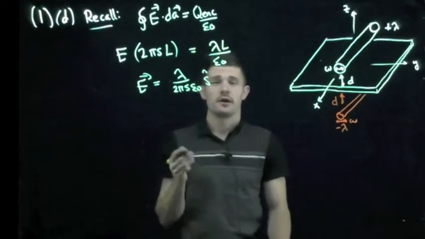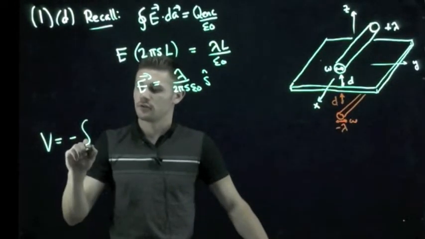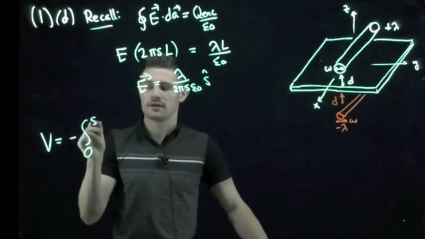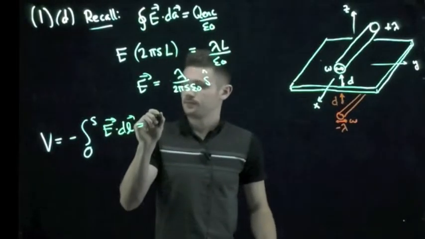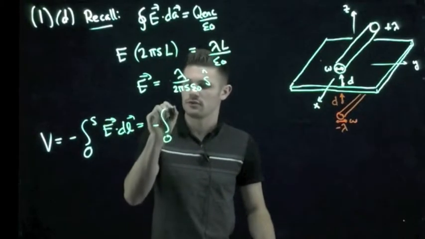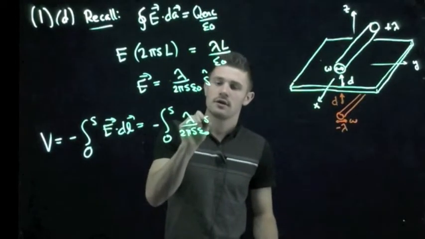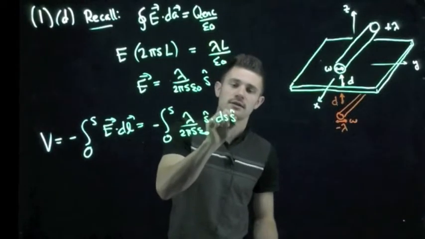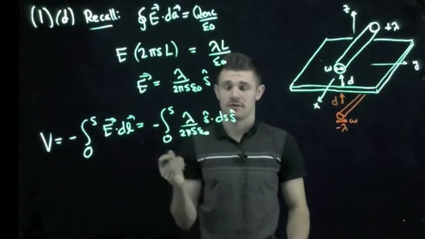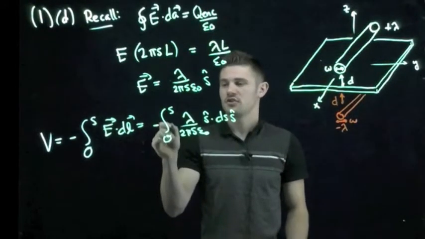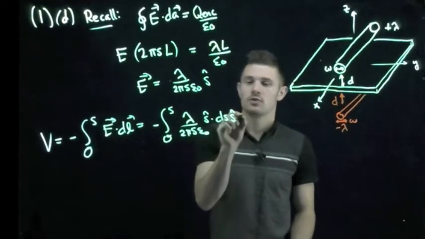So that's the electric field from a line of charge. Now the potential is given as the negative integral from the origin to our point of interest of E dotted with dl, which in this case is going to be the integral from the origin to the s of lambda over 2 pi s epsilon naught s hat dotted with ds s hat, which if we solve this integral, we can see that the s hat and the s hat, the dot product will just give us 1, and we integrate from some position to a position s over 1 over s ds, which is going to be a logarithm.